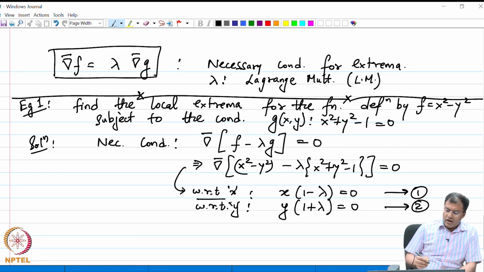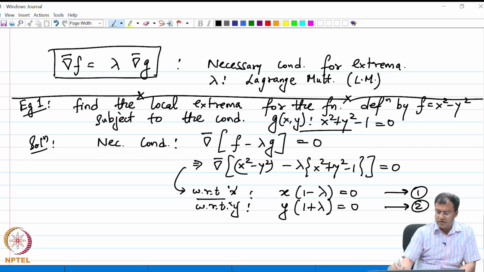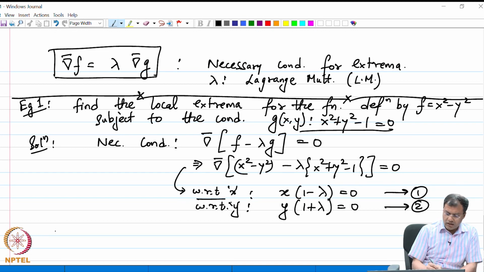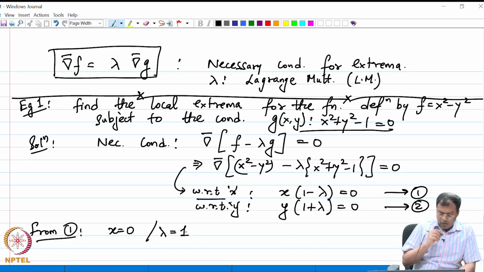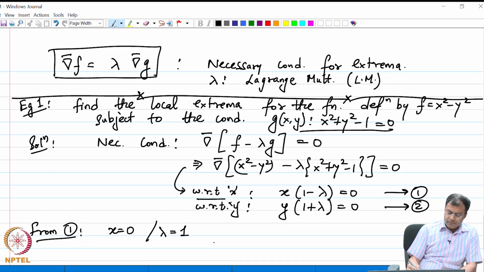Okay. So, now we have three unknowns x, y and lambda, and the third equation is the constraint, which solves for the third unknown. To find the solution, notice that from 1, either x is 0 or lambda is equal to 1, right. So, if x is 0, I can plug x equal to 0 into the constraint.